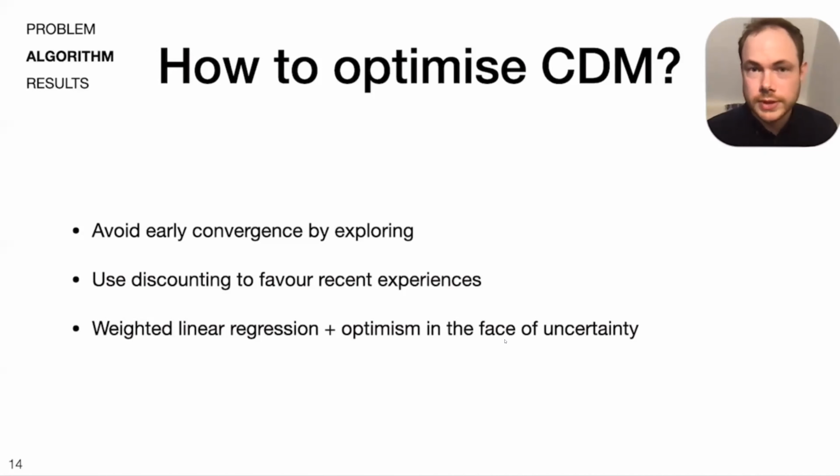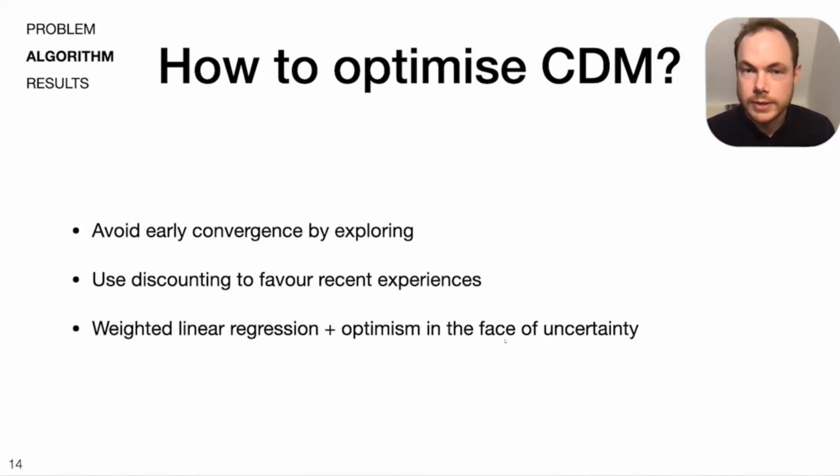So it becomes crucial that we do some exploring. Since we're also dealing with changing experts, we want to make sure our model also adapts along with the experts. This means that recent experiences should have a higher impact on theta than older experiences. So to achieve the latter, we're going to perform weighted linear regression and weigh recent experiences more highly.